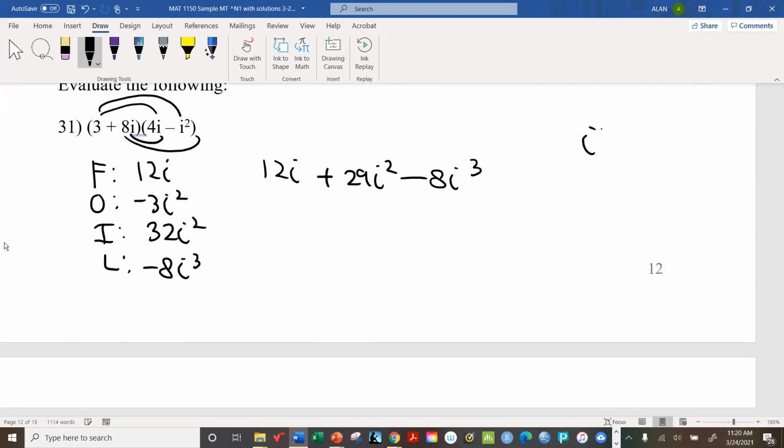And recall, i squared is -1, i cubed is simply -i. I'm sorry, wait a minute. i cubed. That's right. No, this is it. Okay, good.